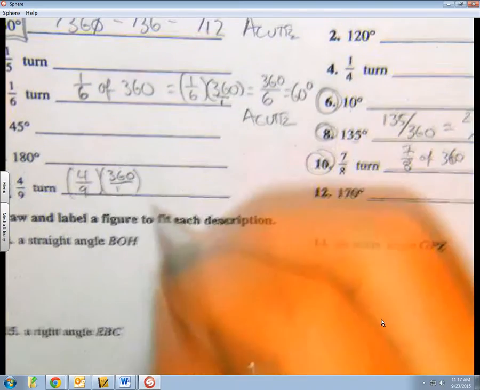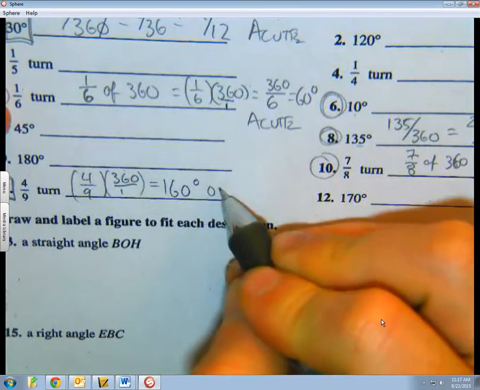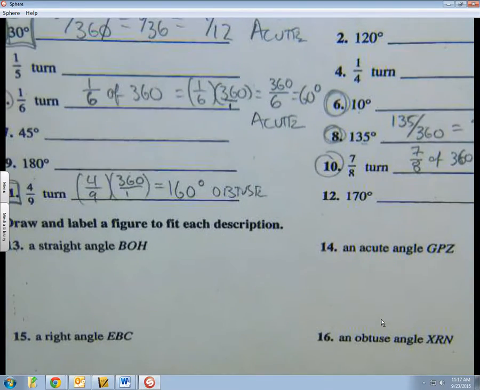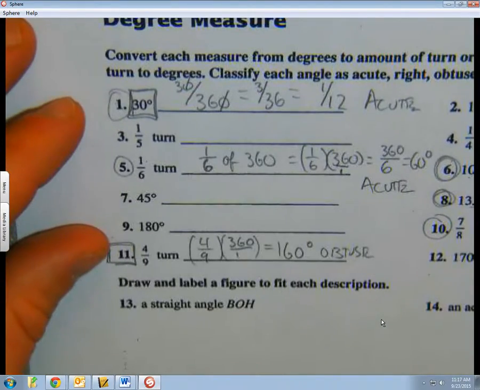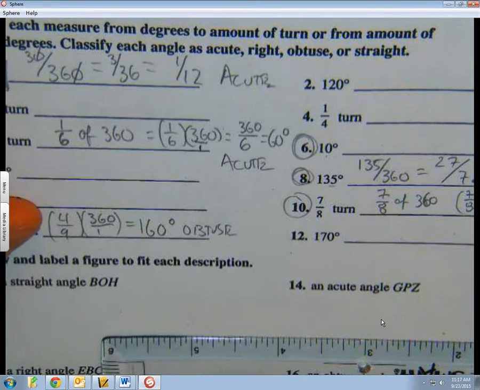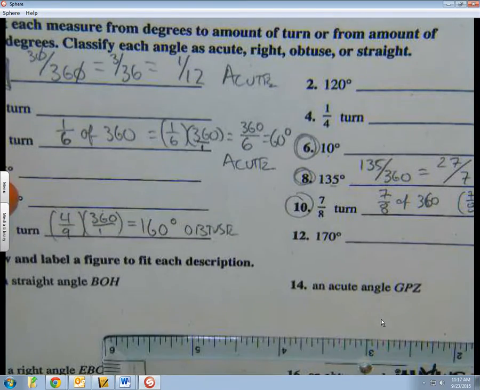So that's 160 degrees, which is greater than 90, so that's obtuse. Okay. So that's that. Descriptions, just draw this, and we did this on the note card, so I'm going to skip that, but did an acute angle, GPZ, and we did that right here. I just labeled it ABC instead of GBC, but you should have that.